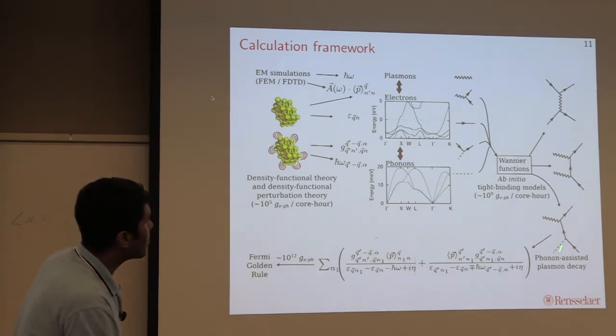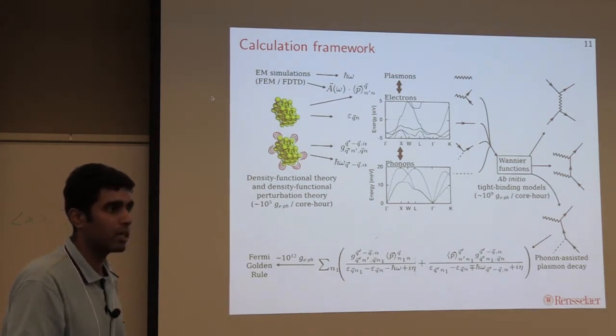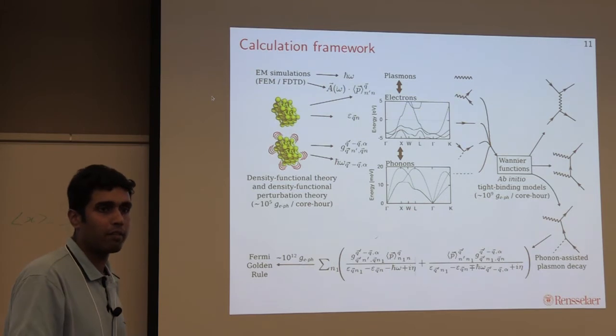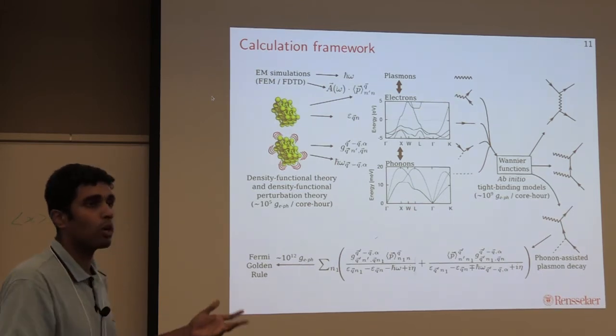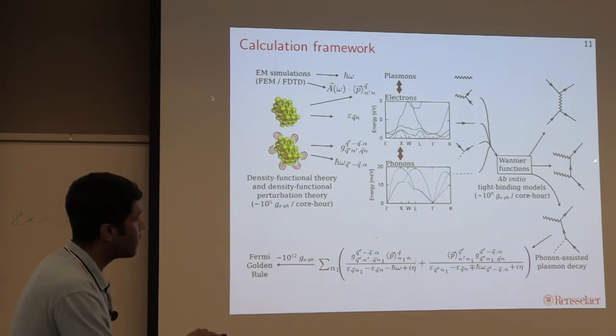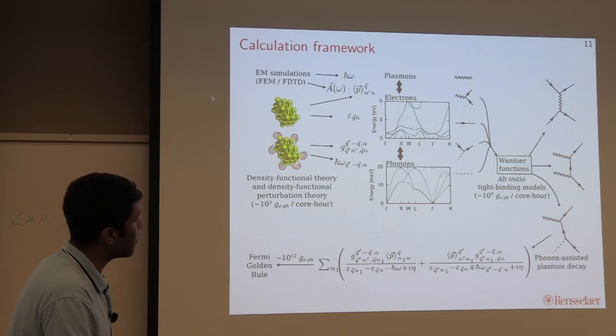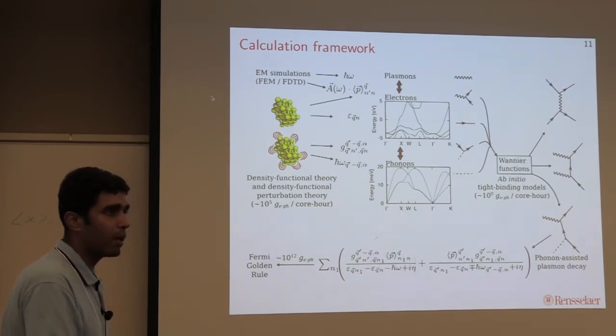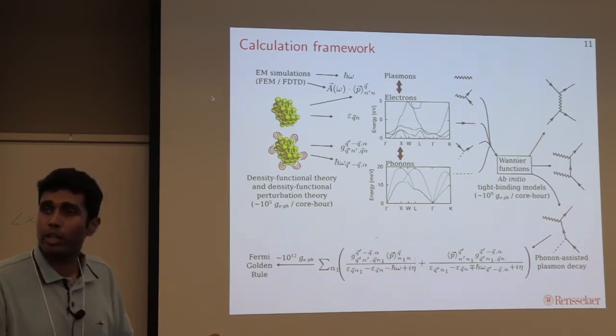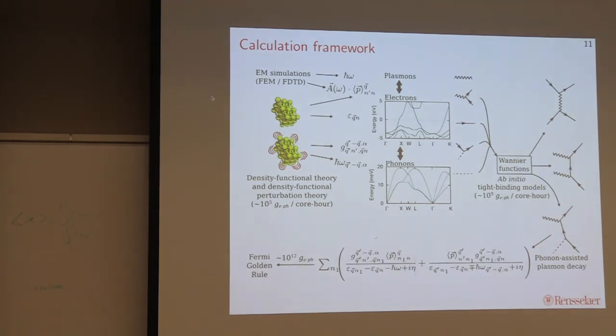So we'll be able to compute some of these processes in a few minutes, which if you were to do directly from DFT, you would have to spend hours or days doing. And some of these processes you simply could not do without this kind of technique. So this is what we're going to spend most of the time on, and we'll focus on some of these simpler processes and also other electronic structure properties that are not directly related to hot carriers, just to get warmed up with that.